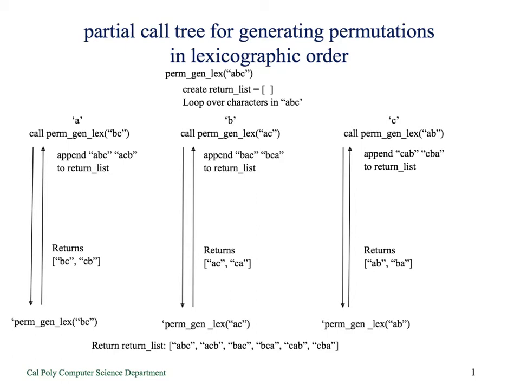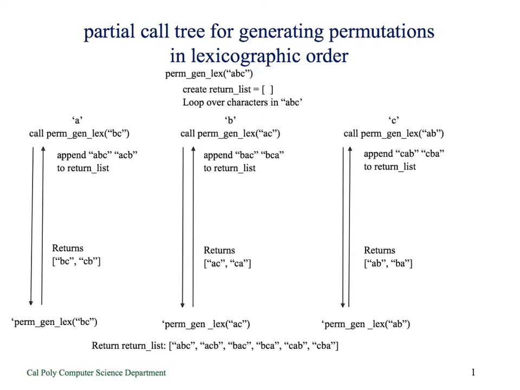The first thing that would have to happen is you'd have to create a list that you're going to use to return the 6 permutations of ABC. So you'll initialize that to the empty list. And what you're going to do, if you look at the pseudocode, is there's an outer loop. Each time through the outer loop, it's going to take a character out of ABC.